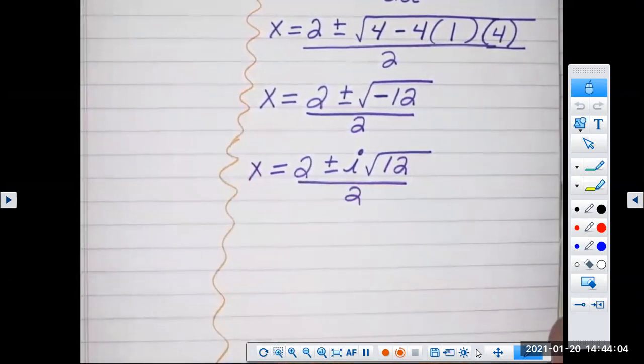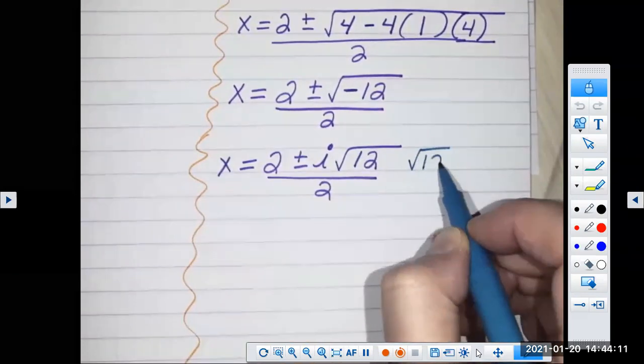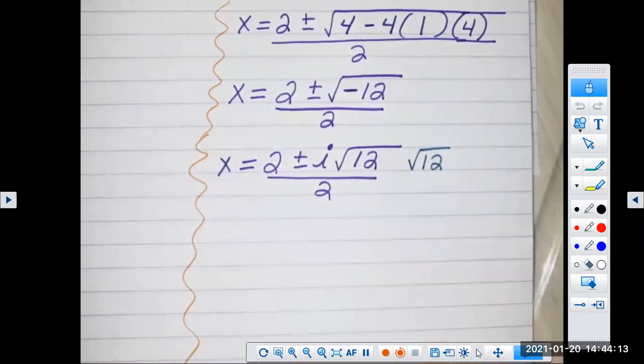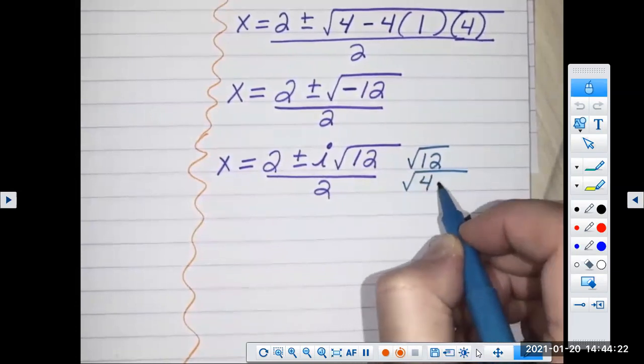Okay, from this point, we have to double check this radical, see if it will break down. Is there a perfect square that divides 12? 4. So 12 breaks down into 4 times 3.